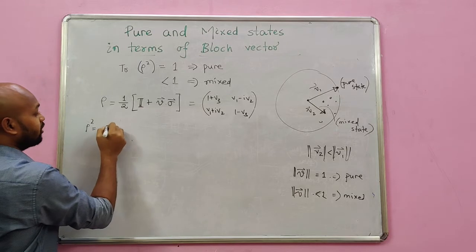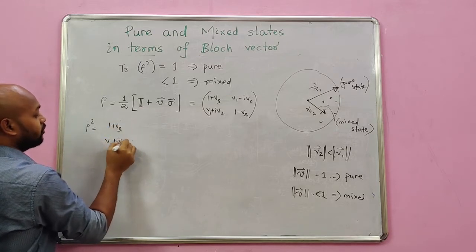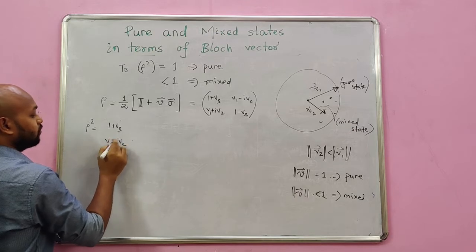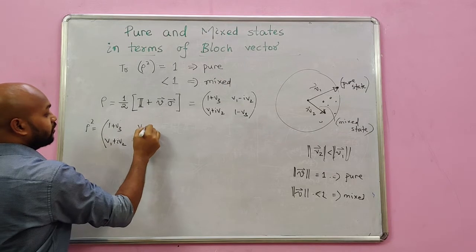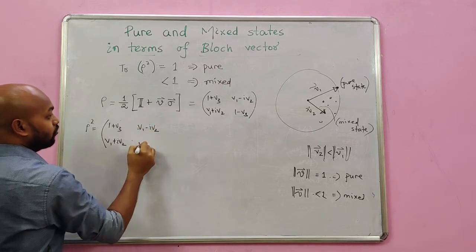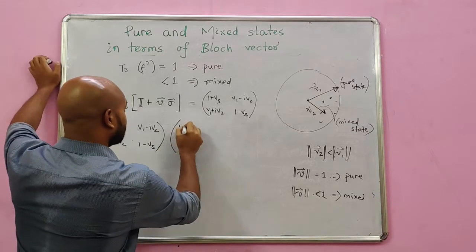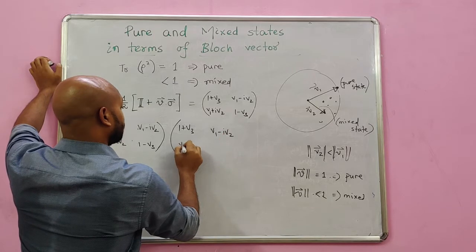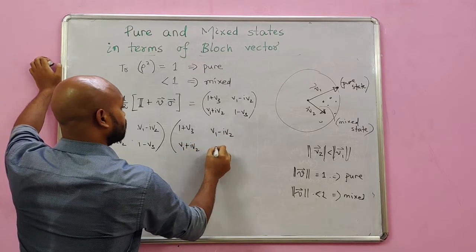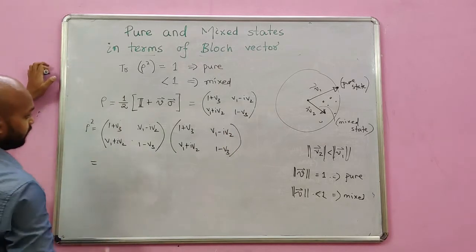Rho square would then become 1 plus V3, V1 minus iV2, V1 plus iV2, 1 minus V3, again multiplied by 1 plus V3, V1 minus iV2, V1 plus iV2, 1 minus V3.